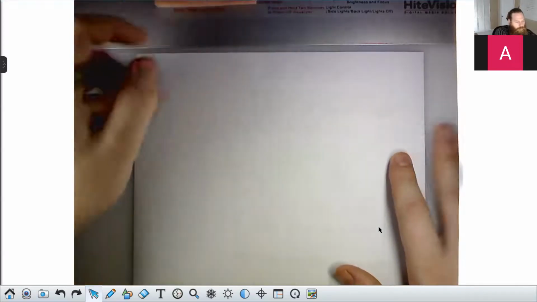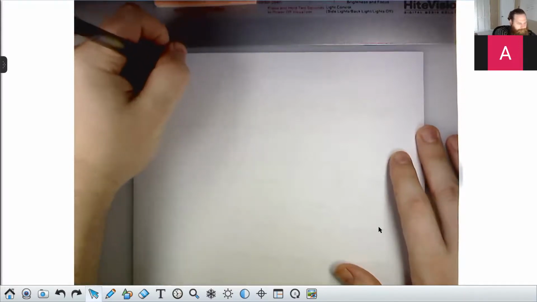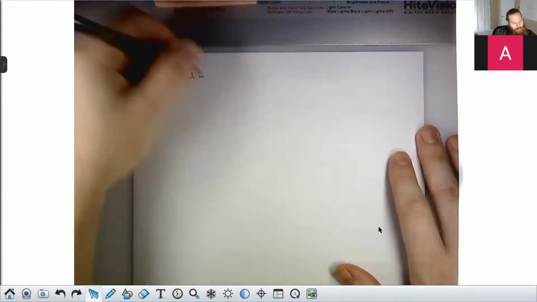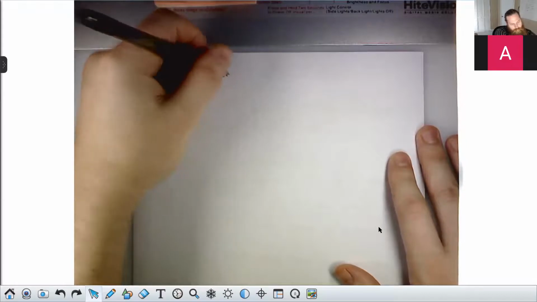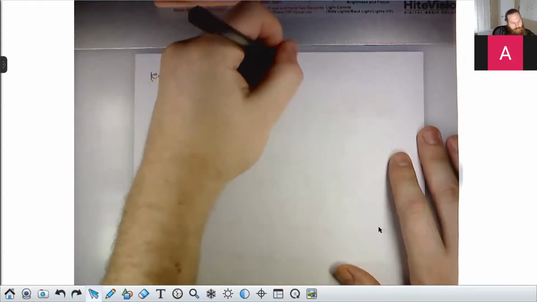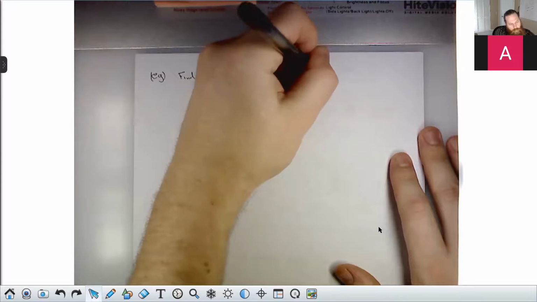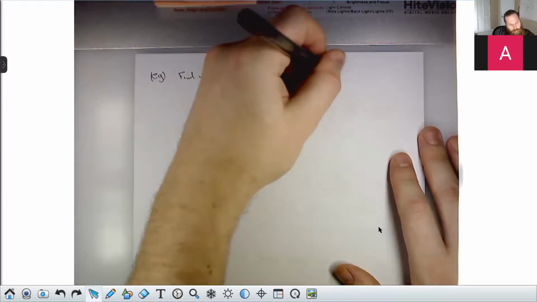Sometimes you have irreducible quadratic factors. So with that in mind, let's try to find a power series for 1 over 1 plus x squared.